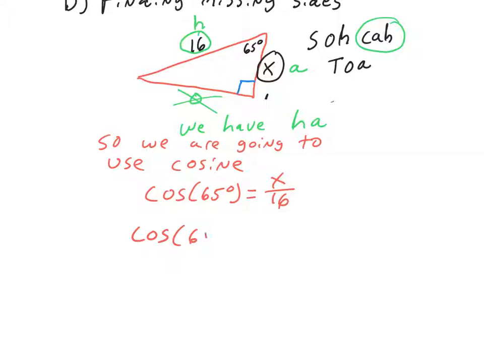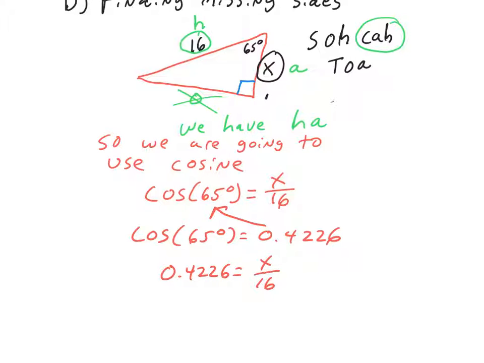Cosine of 65 equals 0.422, and I'm going to round it at 6, like that. Then we'll substitute this in, and we'll get 0.4226 equals x over 16, and we'll solve for x.